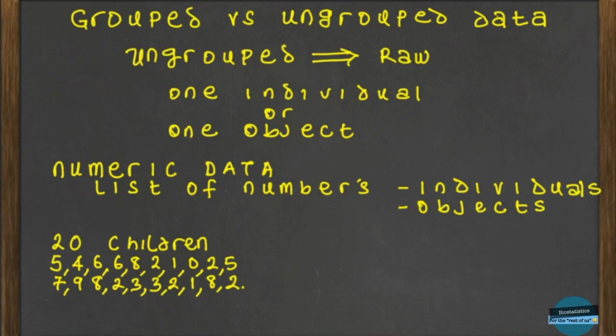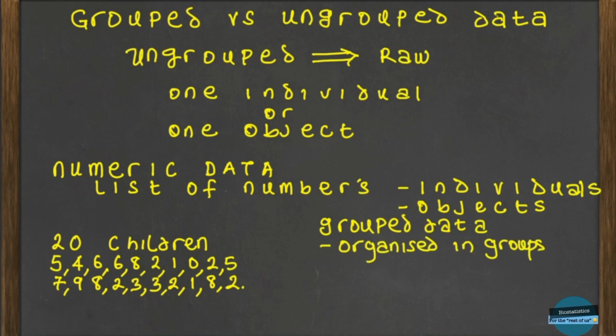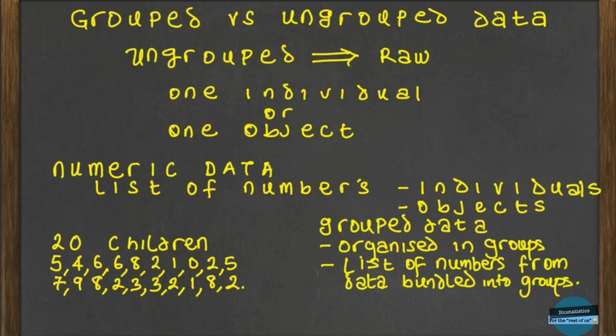But on the other hand, grouped data is data that was initially raw but has now been organized into groups or classes or categories. Now, we usually do grouping in an attempt to summarize or understand the data more. So a grouped set of data is basically a list of numbers from data that has been bundled together into categories or groups.